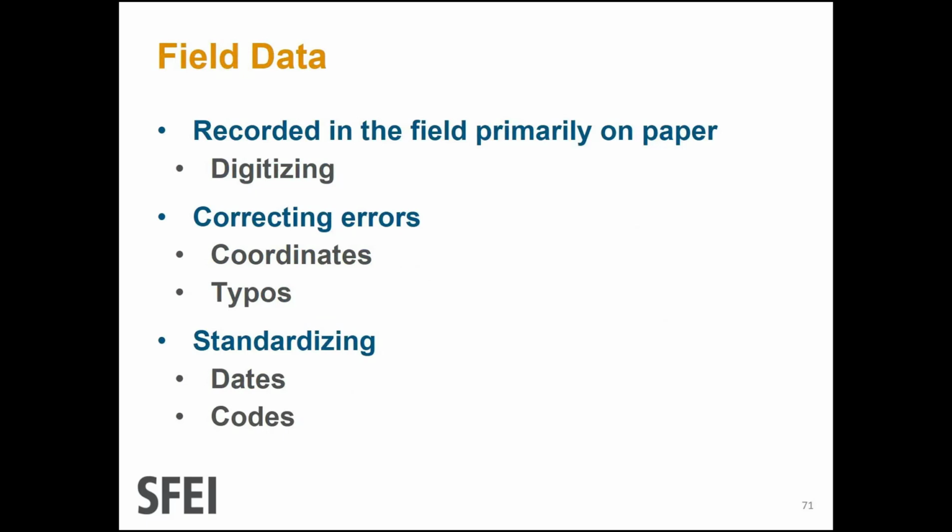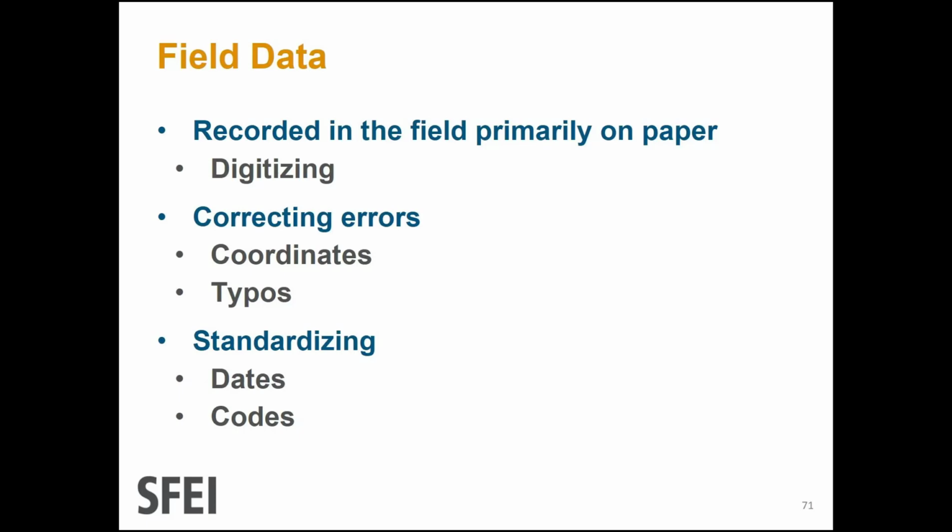We get field data in field data sheets, as Diana showed. Primarily they're reported to us on paper. You could probably do some of it on a computer, but the reality of field sampling, especially with something like stormwater, means that you're going to have people writing on paper, and so you have to digitize that information, and that's not just scanning and making a PDF.